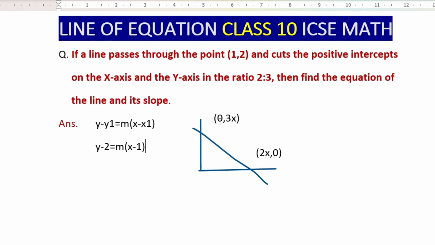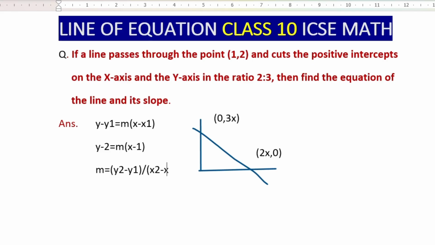Now this is your x1, x2, and this is your y1, y2. Now find m. What will be m? The value of m is y2 minus y1 divided by x2 minus x1.